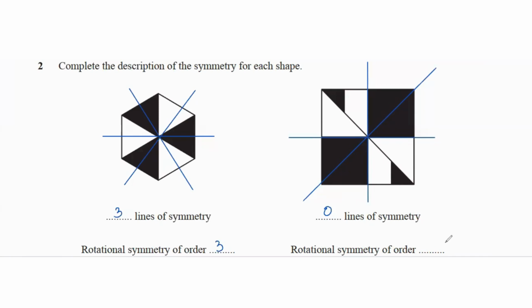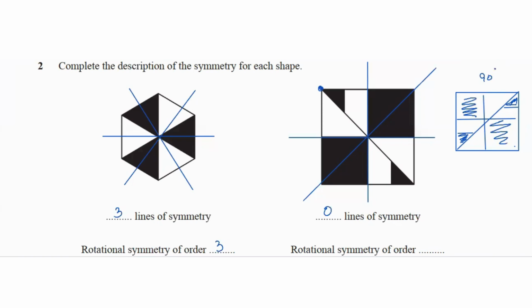And for the rotational symmetry of order, if you look at this shape at this point, and if I move this shape 180 degrees, it's going to come back to this point again. If I draw this over here, this is your 90-degree rotation.